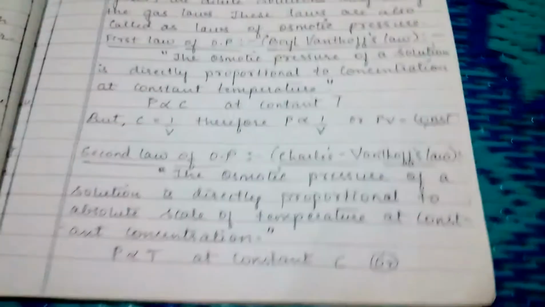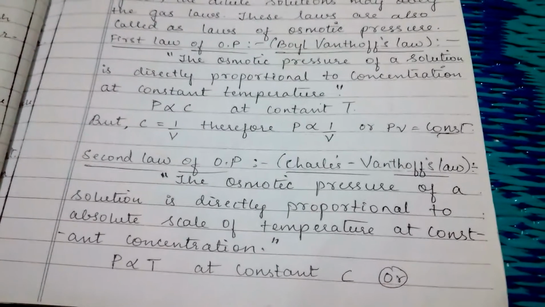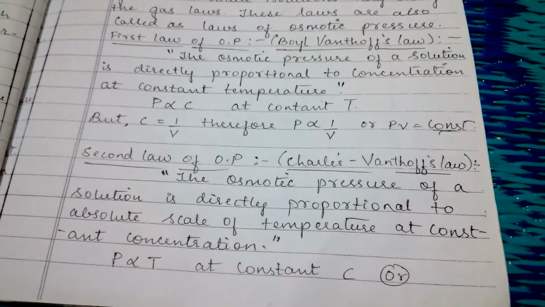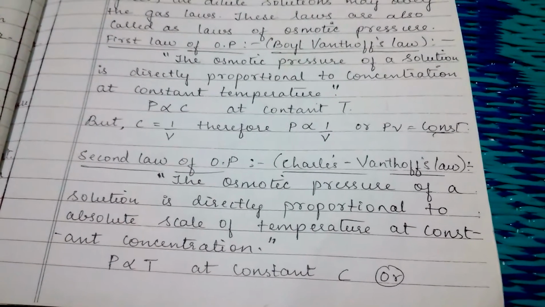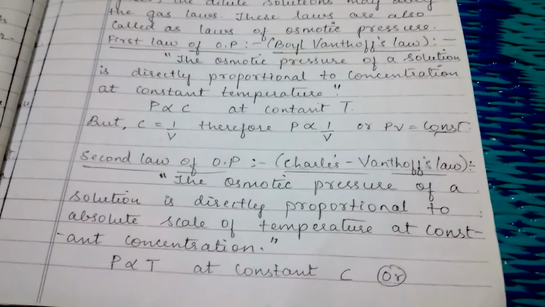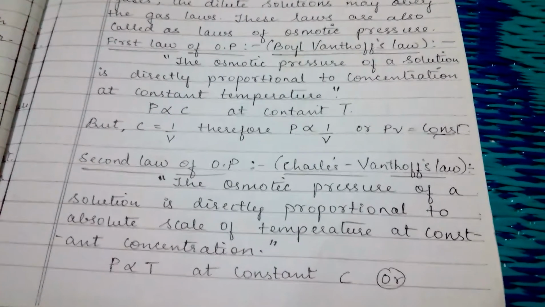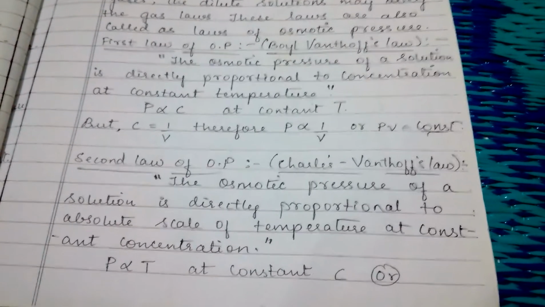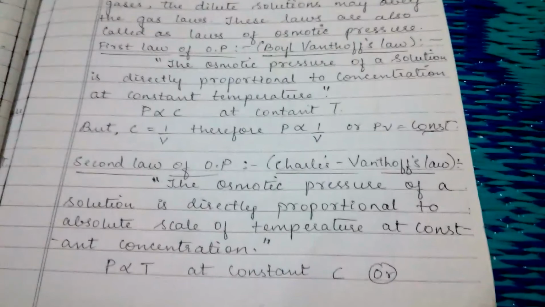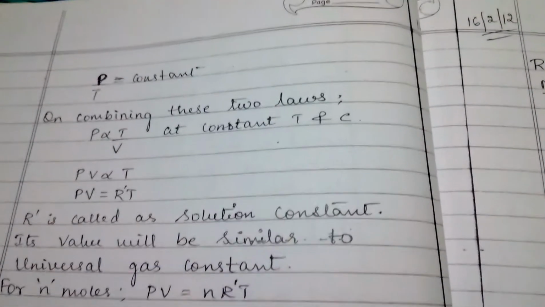The second law of osmotic pressure is the Charles-Van 't Hoff law. The law states that the osmotic pressure of a solution is directly proportional to the absolute temperature at constant concentration. P is directly proportional to T at constant concentration, or P by T is equal to constant.